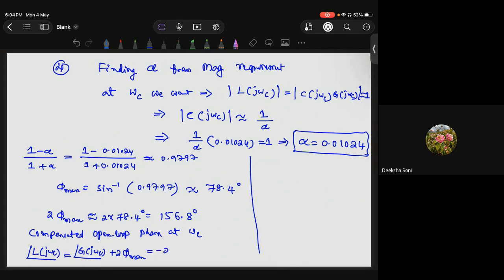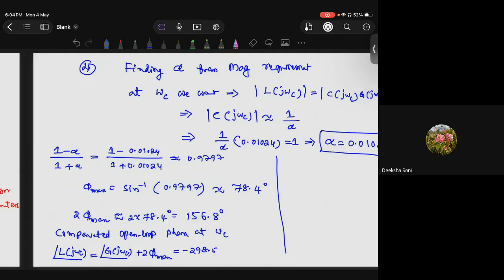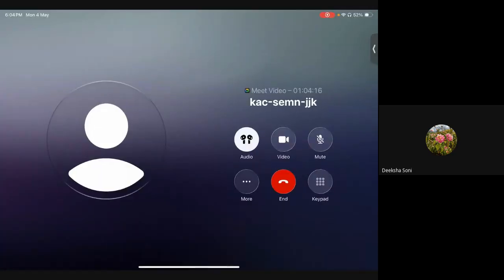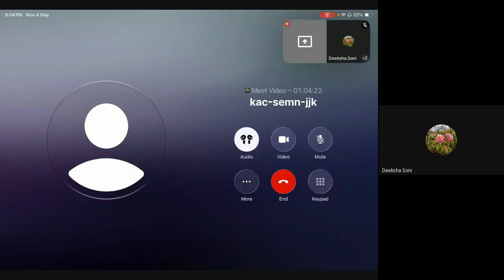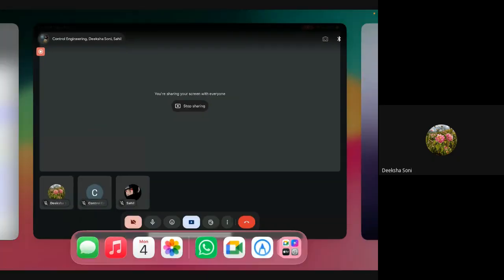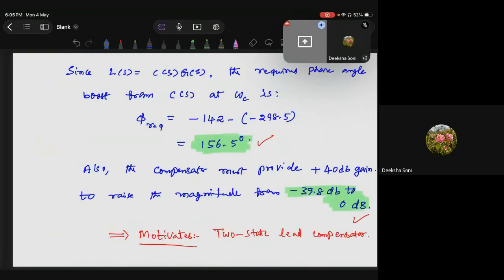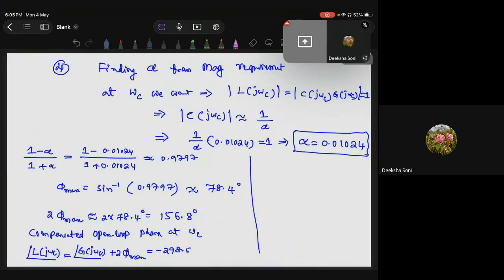That is minus 298.5, which we have already calculated, plus 156.8 degrees, which is equivalent to minus 141.7 degrees.